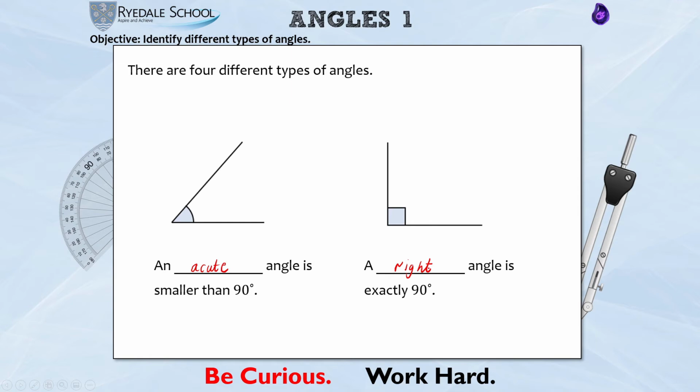Now, another way that I like to identify angles if I'm struggling is by using, of course, pizza. Because who doesn't love pizza? I want you to imagine that in between the arms of the angle, you have a slice of pizza.